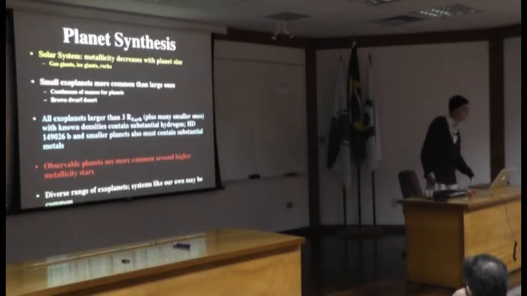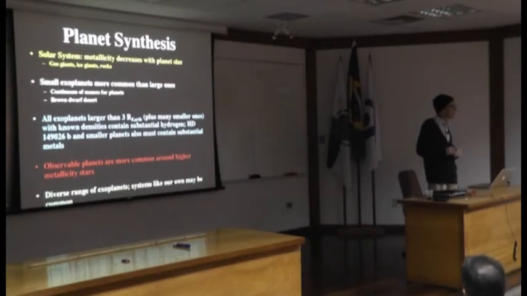So although Kepler's type systems of big planets close in, or moderately large, between Earth and Uranus size, close in, are the most common planets that we see, they're around 20% of the stars or so.